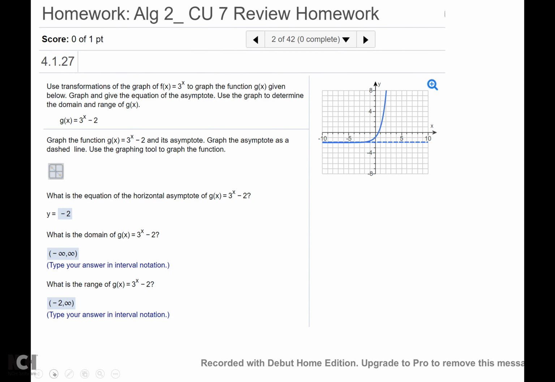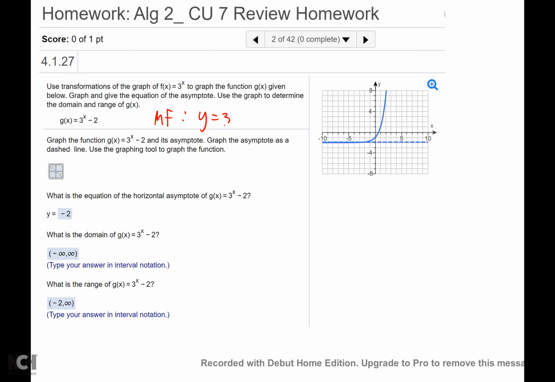All right, it says use transformations of the graph of f of x equals 3 to the x to graph the function g of x given below. Graph and give the equation of the asymptote. Use the graph to determine the domain and range of g of x. Okay, well, if we were doing this by hand and not on the computer, you would get your points for mother.